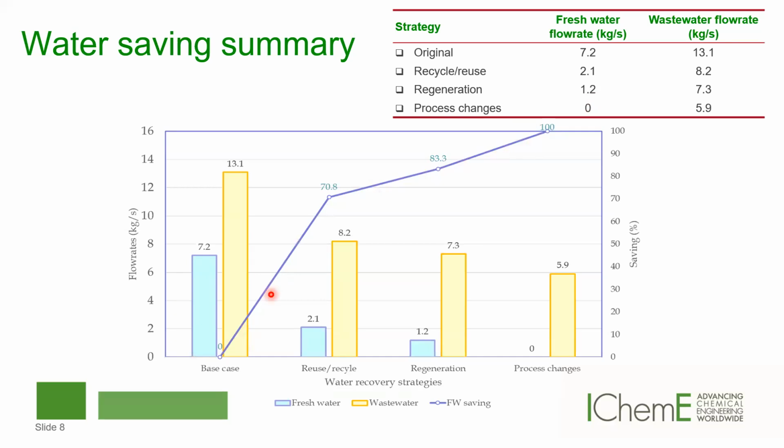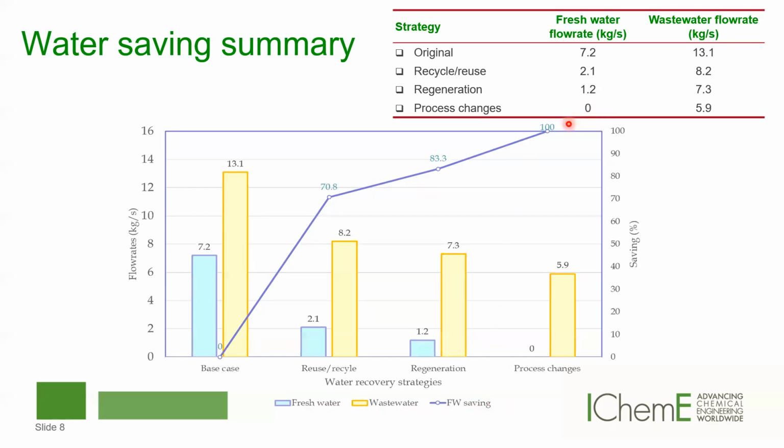So this figure just reflects the numbers here, and the x-axis shows the different strategies, while the y-axis shows the flow rates for freshwater, wastewater, and the savings.